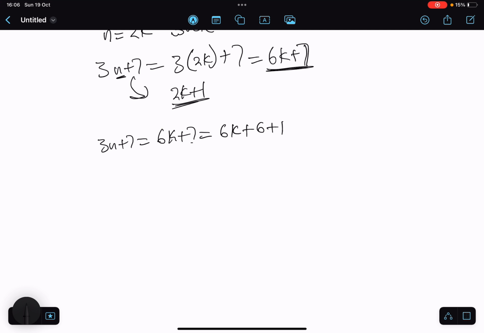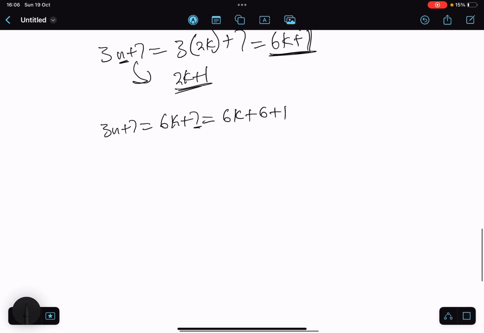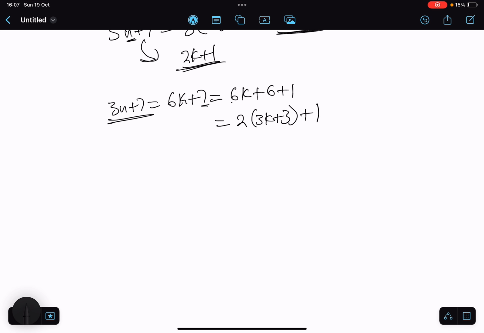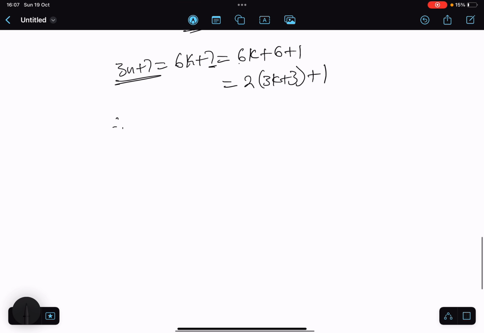I've split 7 into 6 plus 1, and then if I factor out 2 from the first two terms, I'm going to have 2 times 3k plus 3, plus 1. Now I have represented 3n plus 7 in terms of 2k plus 1, which shows that 3n plus 7 is odd.